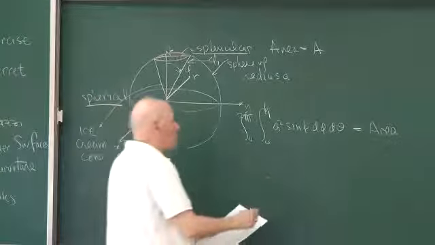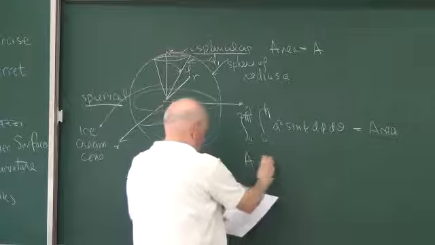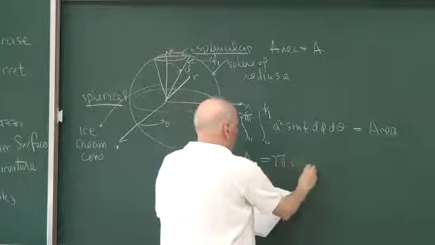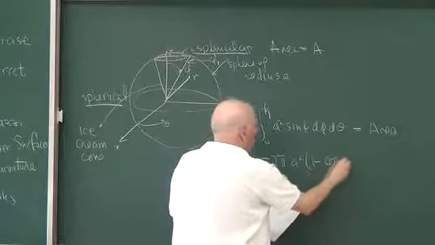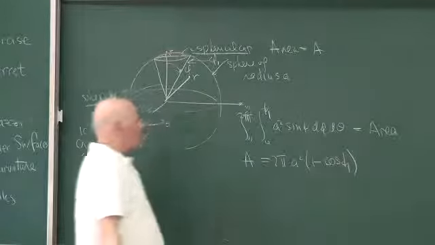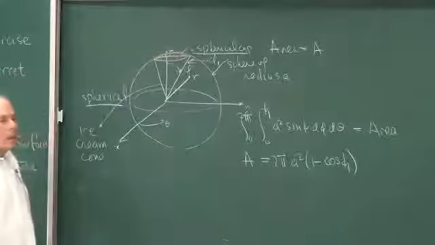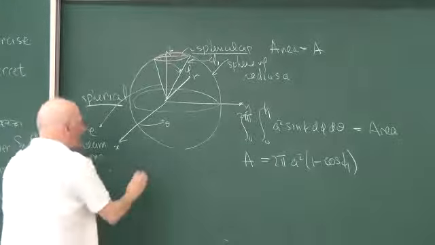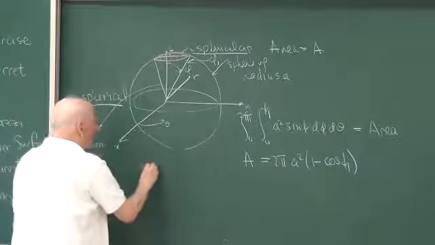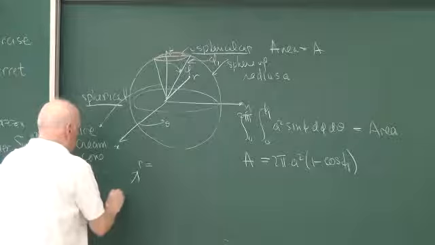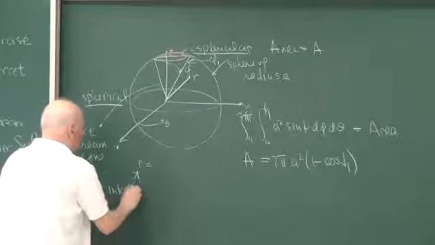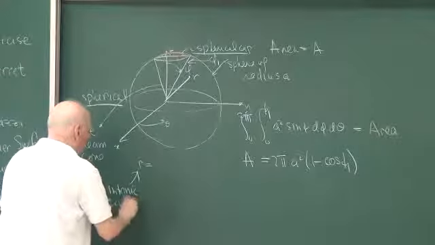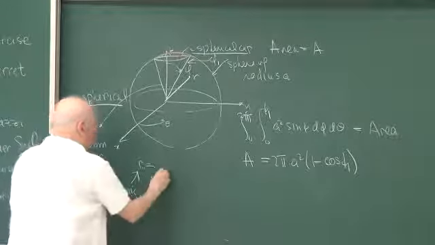And we get that the area A is 2 pi a squared (1 minus cosine phi1). Okay. But we'll rewrite this slightly and call r the intrinsic radius, which by definition is just a times phi1.